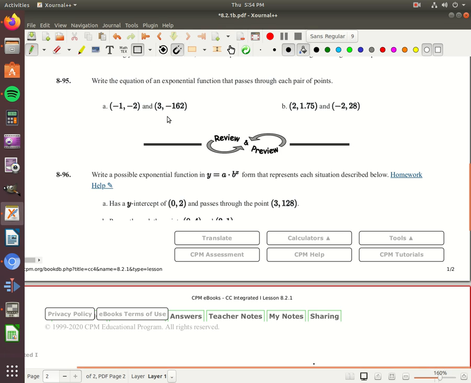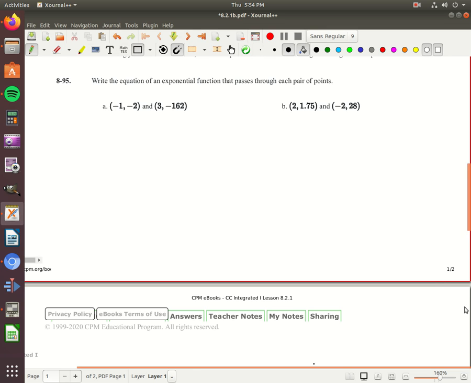So on the first one, it is asking us to say -2 equals a times b to the -1, and -162 equals a times b to the positive third, right?